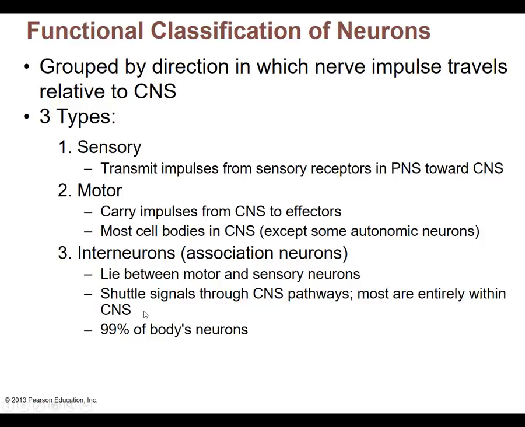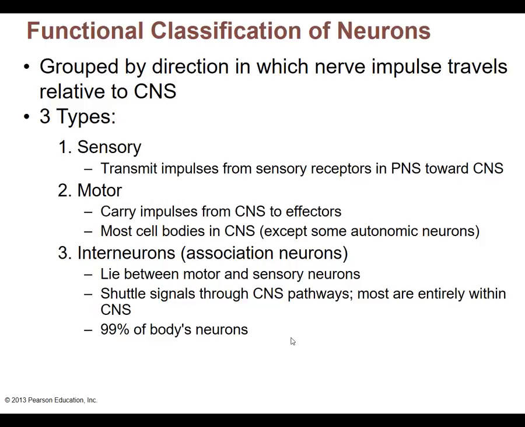They're the in-between, which is part of the inter, the go-between between the sensory and motor, sending information from one direction to the other. Most of the body's neurons lie within, generally, your central nervous system, your brain or spinal cord, shuttling information to and from.